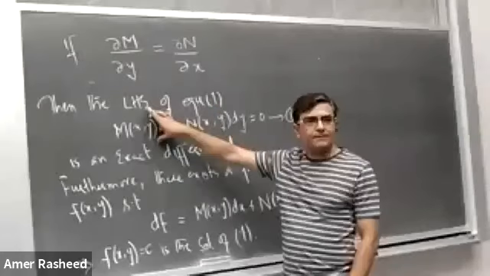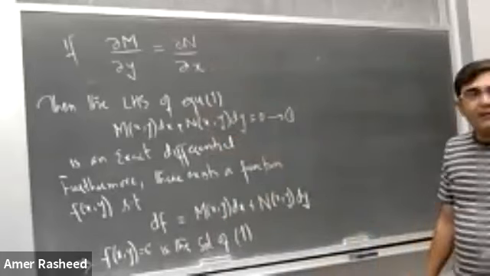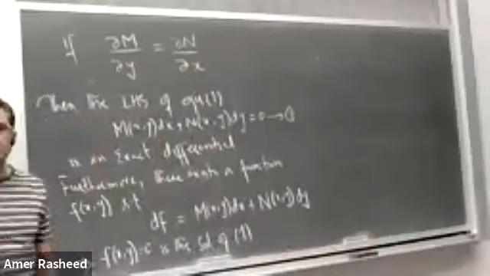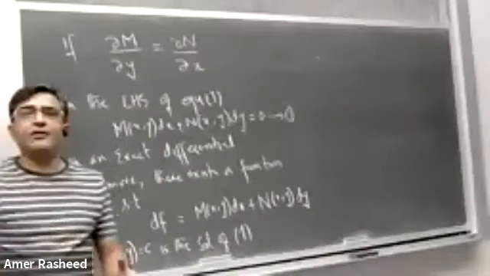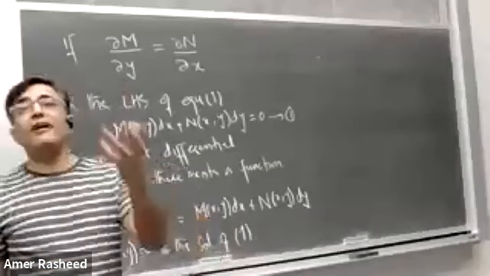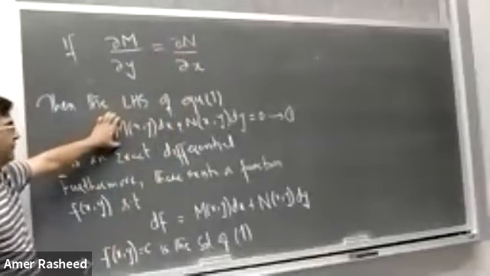How do we know that function? How to find that function? This criteria doesn't tell us how to find it. It only tells us that the left-hand side is an exact differential. If it is exact, the next question is how to find that function f(x,y) whose differential is this equation.